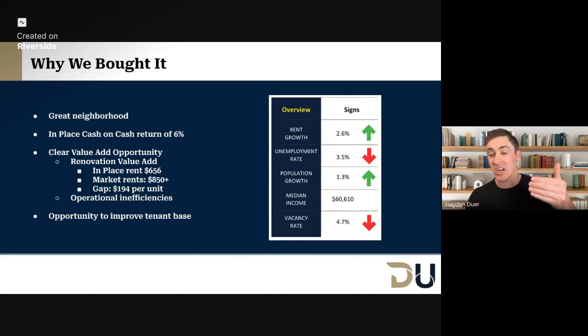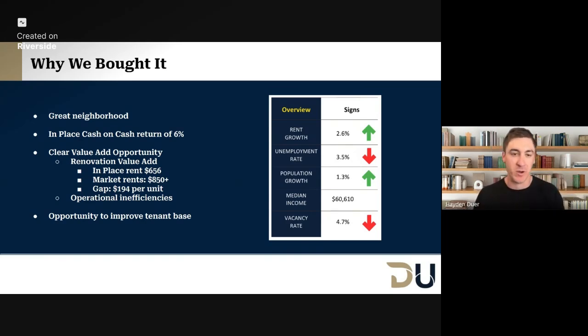We could renovate a couple at a time while we get the income going, so that we weren't going in the negative from day one. That can be kind of dicey, and you'll need some experienced operators to trust when you're going into a project that is negative cash flow from day one.